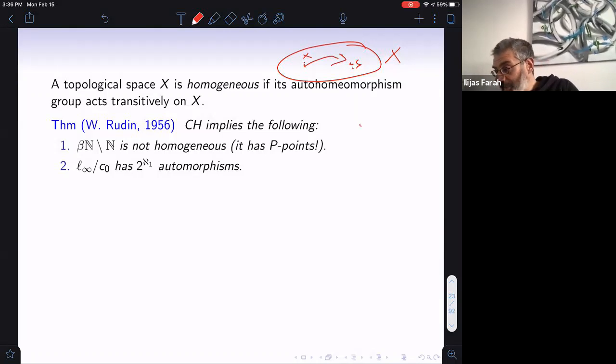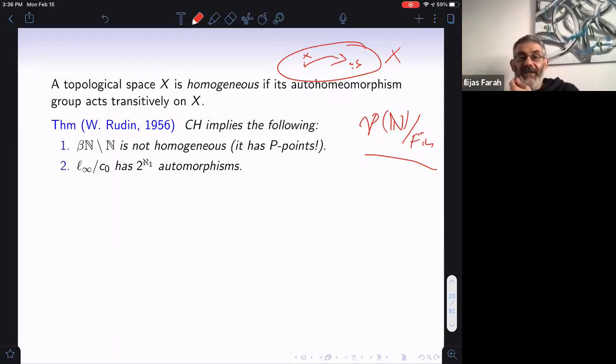You see, if you look at the algebra P of N mod finite, this algebra is homogeneous. It looks everywhere the same. I mean, this is an exercise. The theory of atomless Boolean algebras has elimination of quantifiers. All non-zero elements look the same except for the identity, of course.